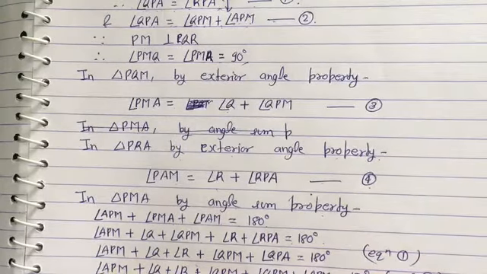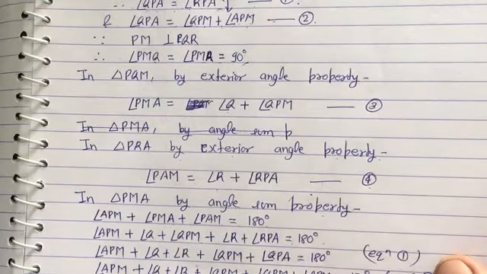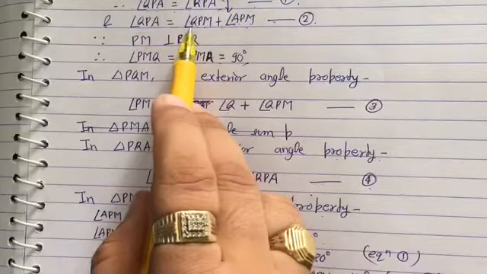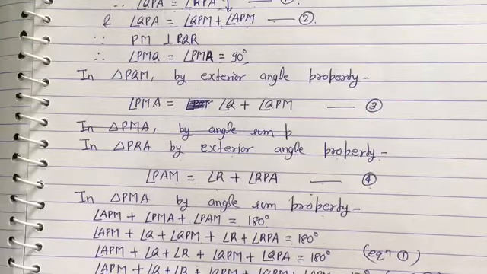Now angle APM plus angle Q plus angle R plus angle QPM, and in the place of angle QPA, from equation number 2 we can write angle QPM plus angle APM. Angle QPM plus angle APM is equal to 180 degrees.